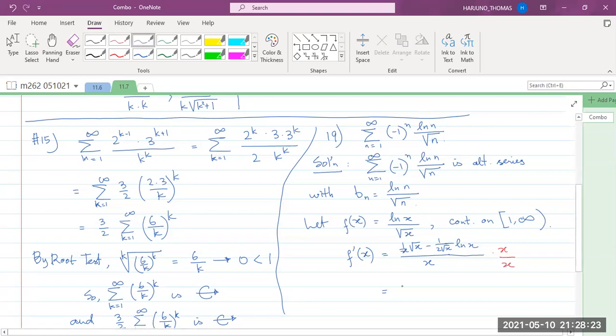I will get 2 radical x minus radical x natural log of x over 2x squared.